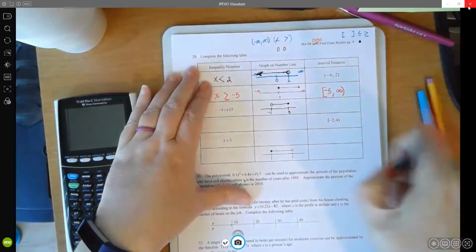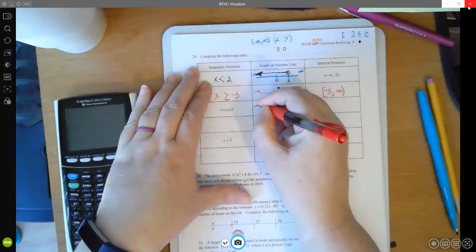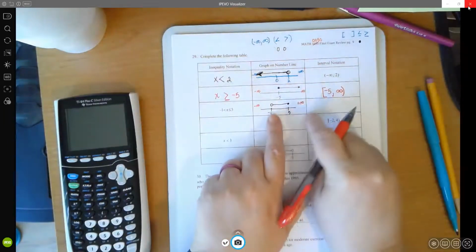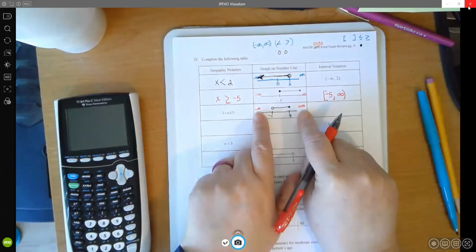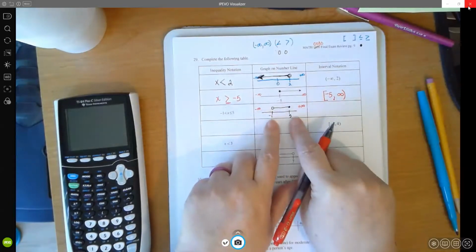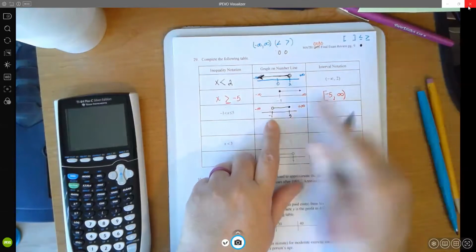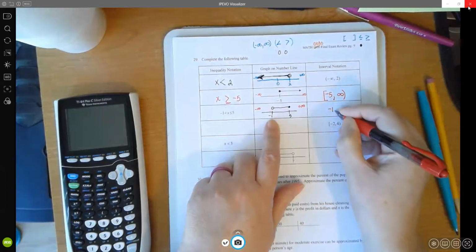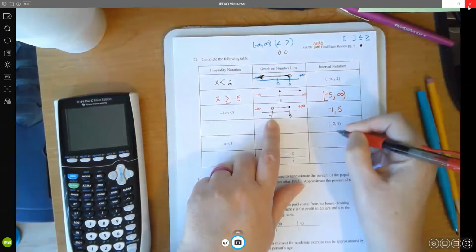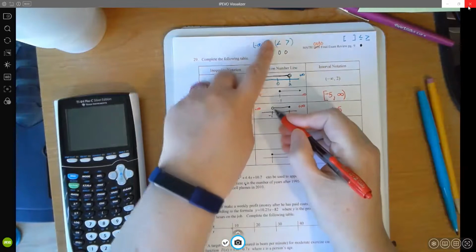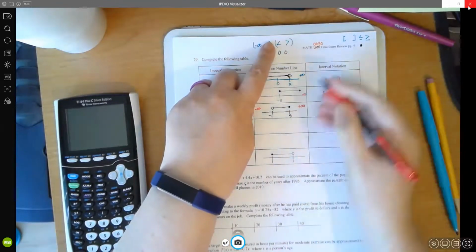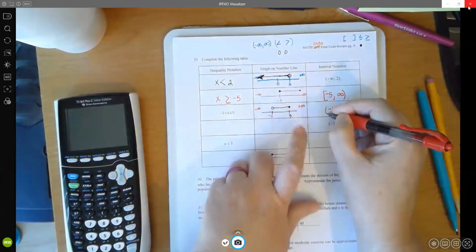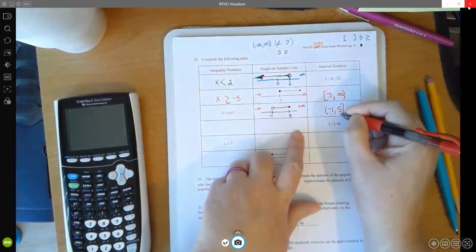And so negative infinity is down here, positive infinity is up here, but those two won't come into use because I stop between -1 and 5. So my -1 would be my smaller number, 5 would be my larger number. -1 has an open circle, so it would need a parentheses. 5 has a closed circle, so it would get a bracket.